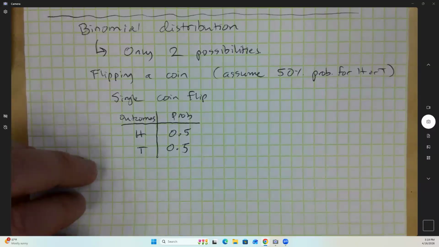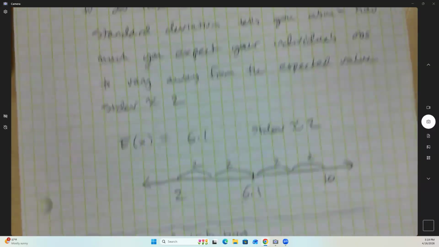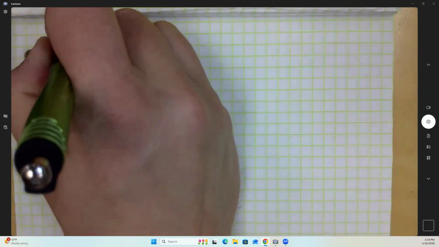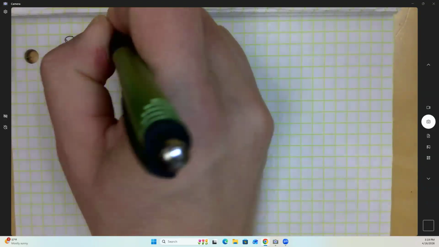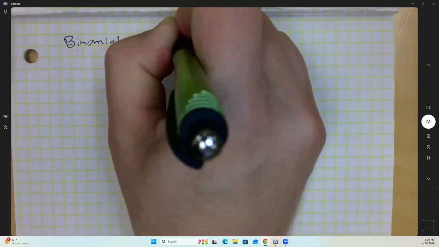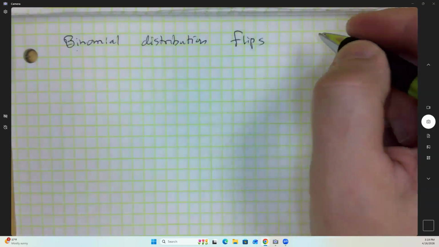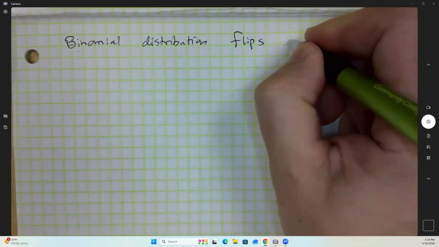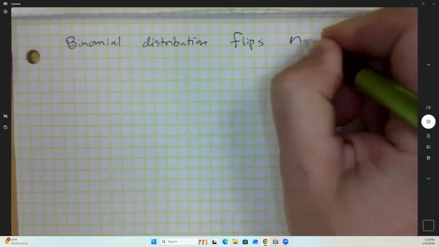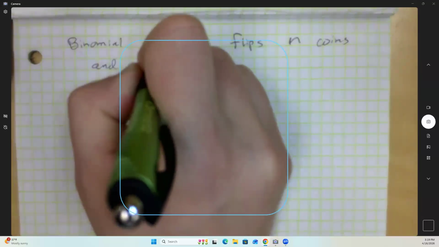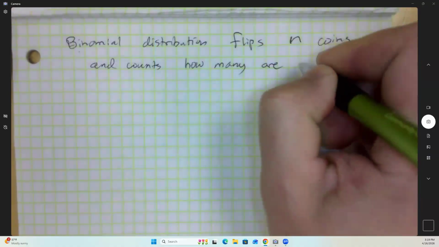So a binomial distribution flips a large number of coins, call it n coins, and counts how many are heads.